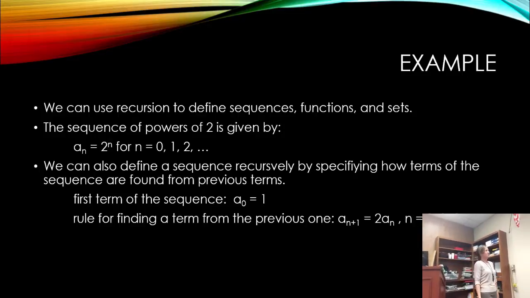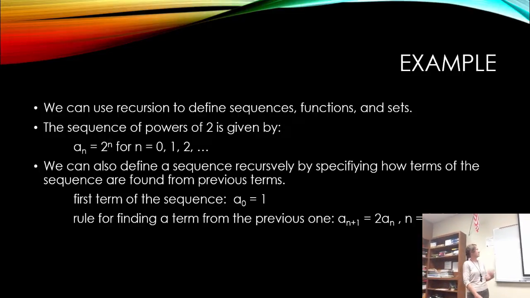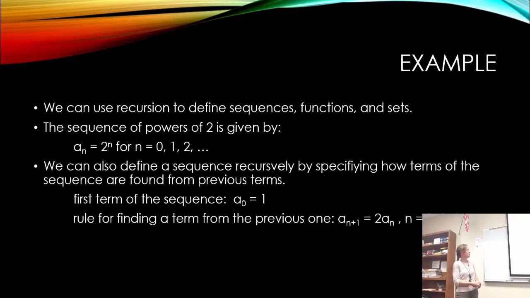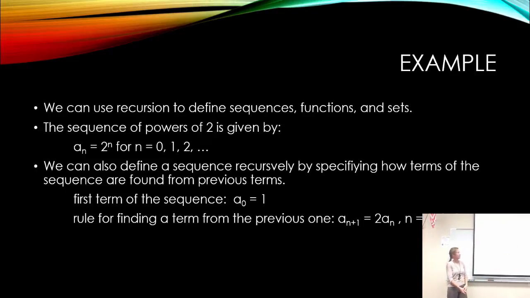So we can use recursion to define sequences, functions, sets, such as, here's an example actually from your textbook. The sequence of powers of 2 is given by a sub n equals 2 to the power of n for n equals 0 to infinity, right? But we can also define a sequence recursively by specifying how terms of the sequence are found from previous terms. Okay. For the first term in the sequence, a sub 0 is 1, so that's our base case, right?